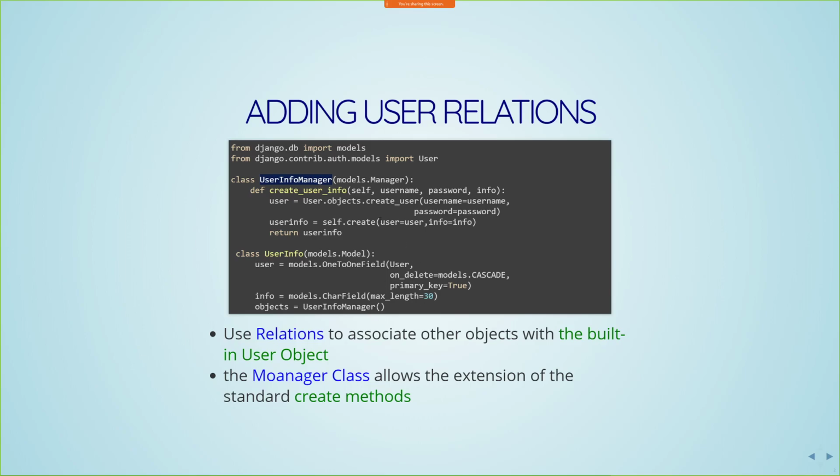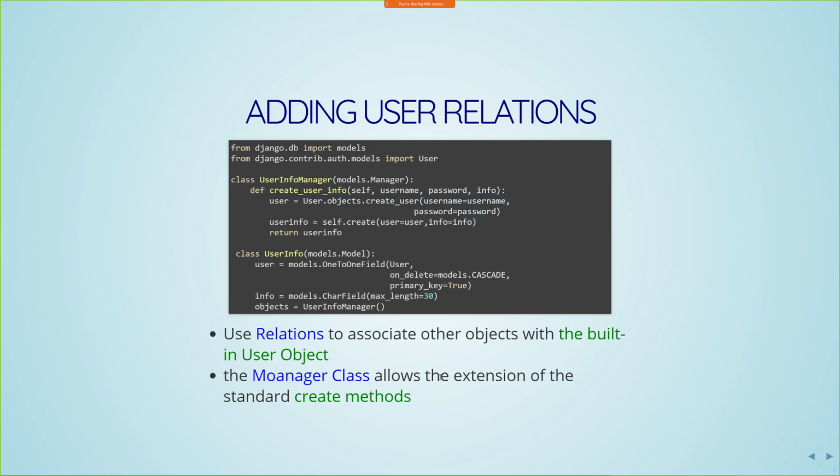Now, you can actually even forget about this manager thing. I figured I would point it out because basically what it allows you to do is, instead of using the standard user object anywhere you would use that, you can now use an object like this and use this built-in create info, and it would automatically create the user for you.